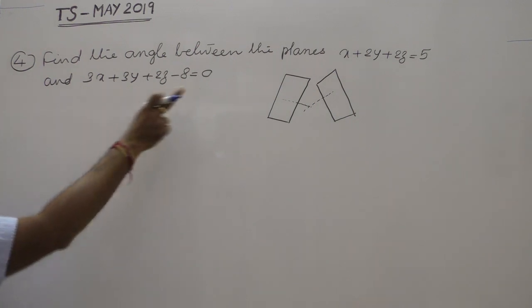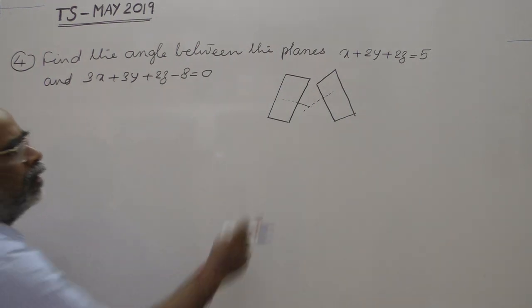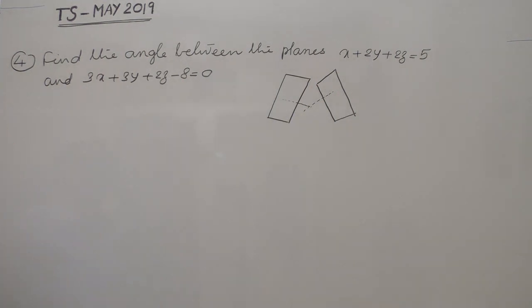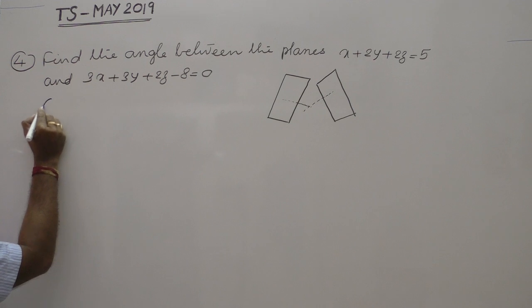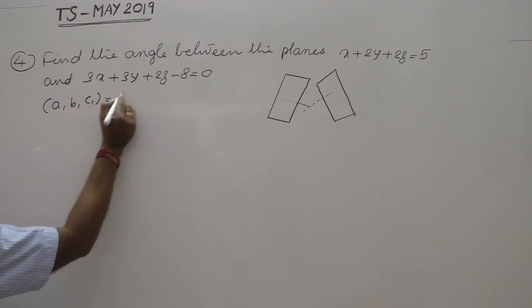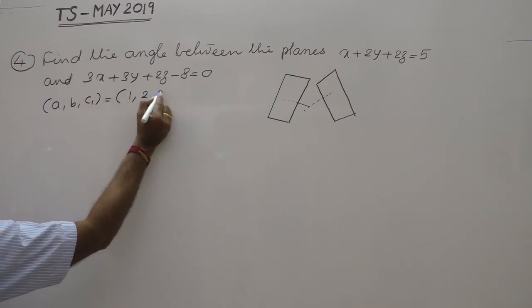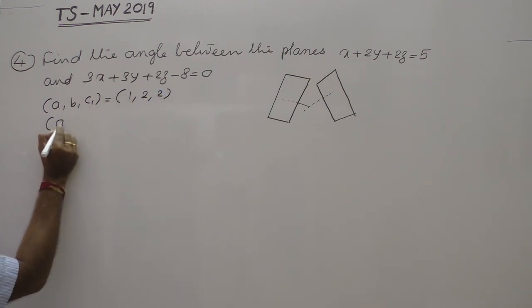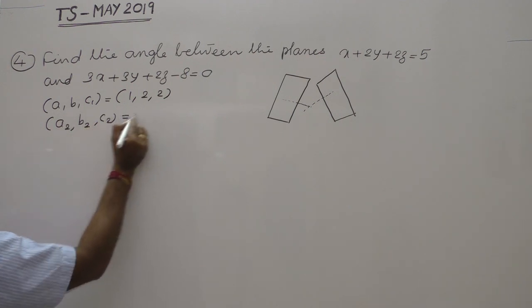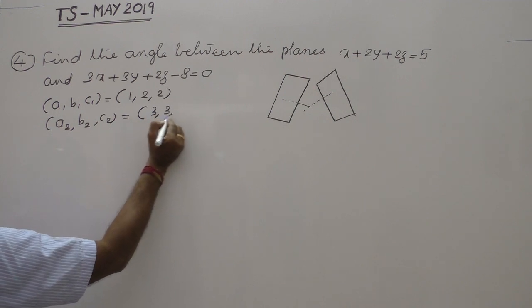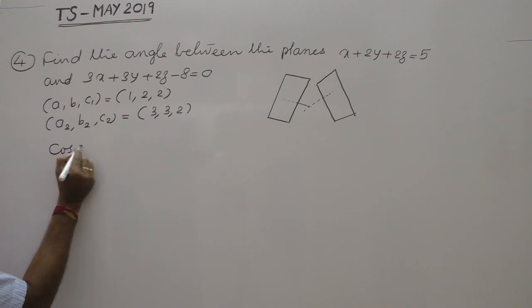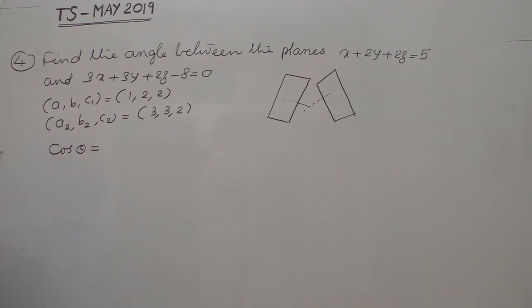So if the equation of a plane is given, then the x, y, z coefficients denote the direction ratios of the normal. The direction ratios of the normal of the first plane A1, B1, C1 are 1 comma 2 comma 2. The direction ratios of the normal of the second plane A2, B2, C2 are 3 comma 3 comma 2. These are the direction ratios of the normals. The angle between the normals is the angle between the planes.